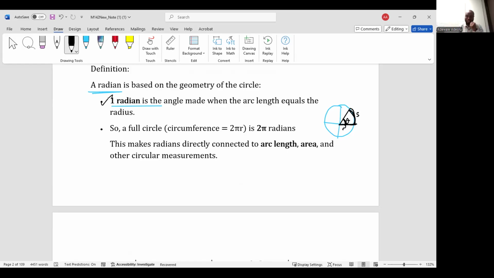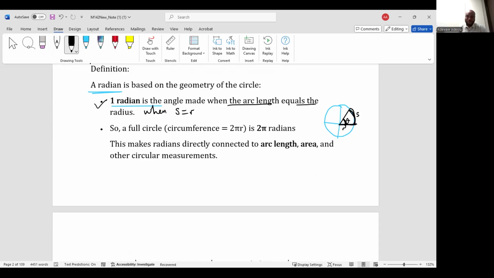That is what this definition is saying. 1 radian is the angle made when the arc length equals the radius, that is, when s equals r. Our s is the arc length and our r is the radius.